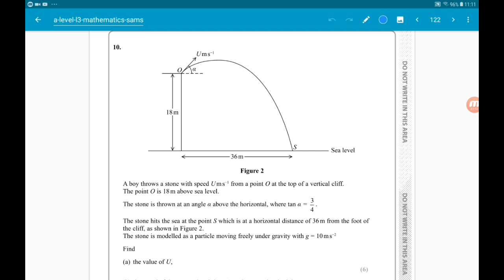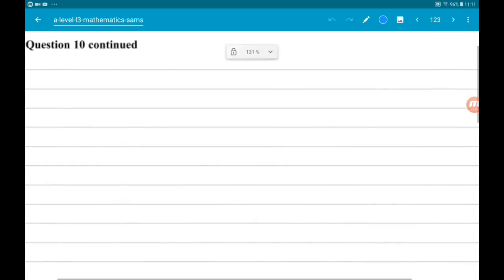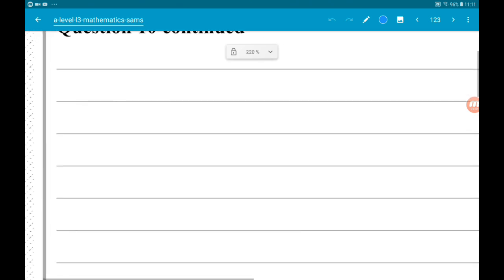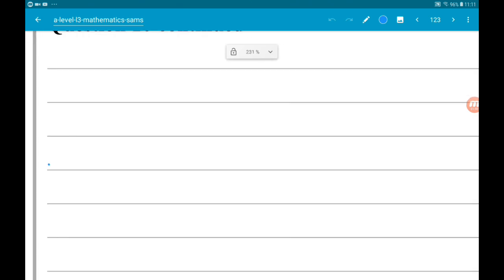6 marks. Right. Okay. So what we're going to do is solve that for the x and y components of this velocity u. First thing we're going to do is split it into its components.